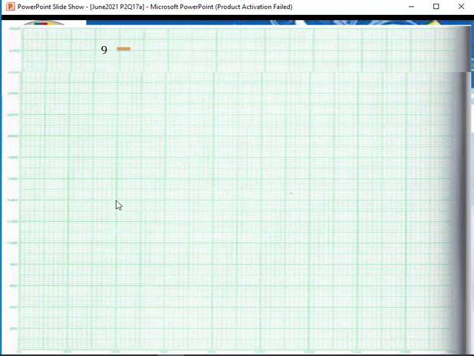From 1 to the next unit will be 2. So that is what we mean by 1 centimeter to represent 1 unit, 2 centimeters to represent 2 units. That's what we mean on a graph paper. And on a graph paper, all your vertical lines are what we call the y lines, and your horizontal lines, the lines moving from left to right, are what we call the x lines.